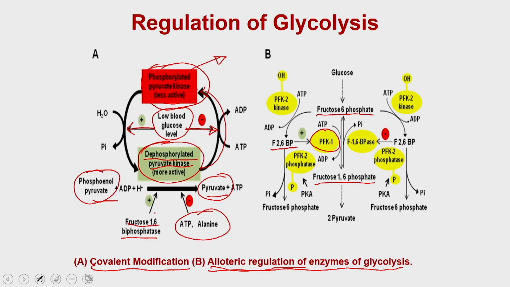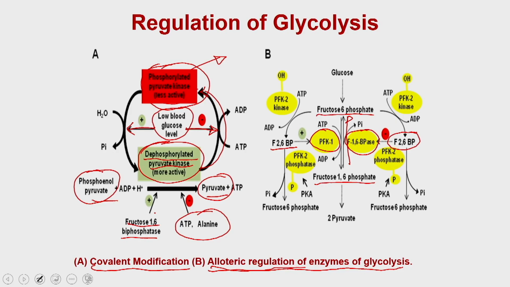Similarly, fructose 1,6 bisphosphatase, which drives the reverse reaction, also has an allosteric binding site for fructose 2,6 bisphosphate.